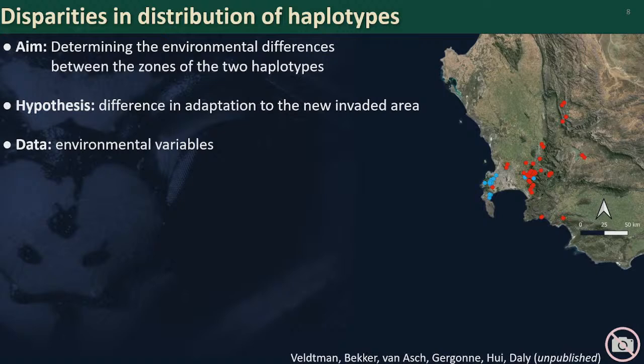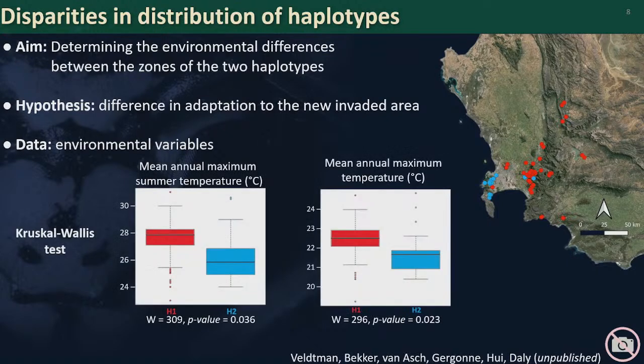They hypothesized that there is a difference in adaptation to the newly invaded area depending on the haplotype. So they used environmental variables like different measurements of temperature, rainfall, and humidity, and tried to find differences between the places of the different haplotypes.